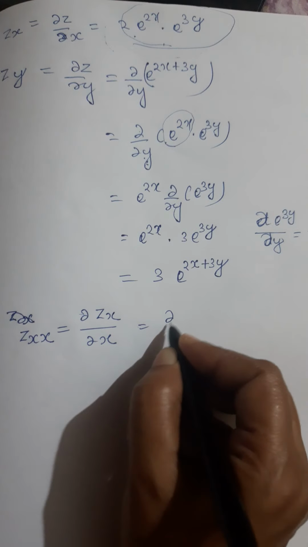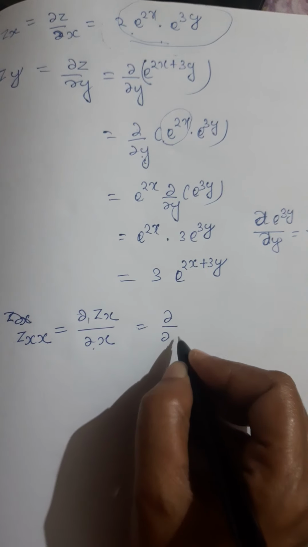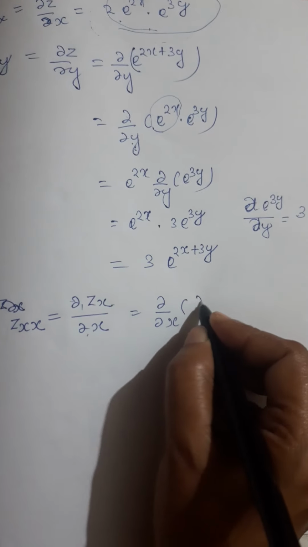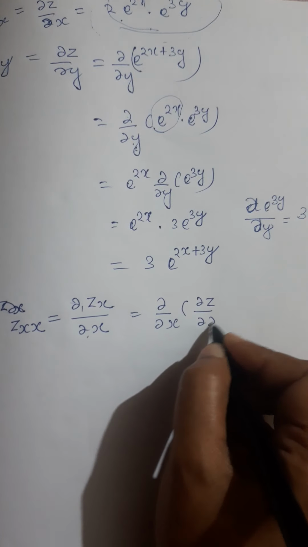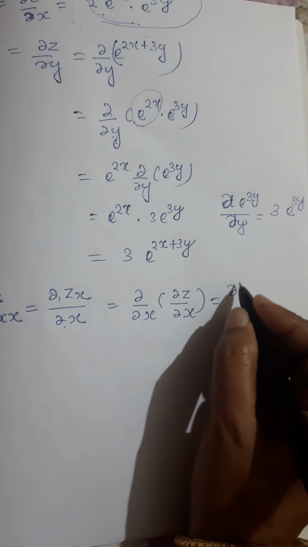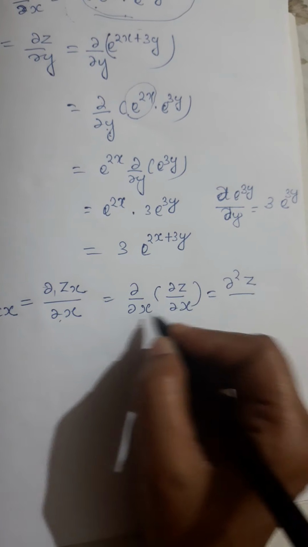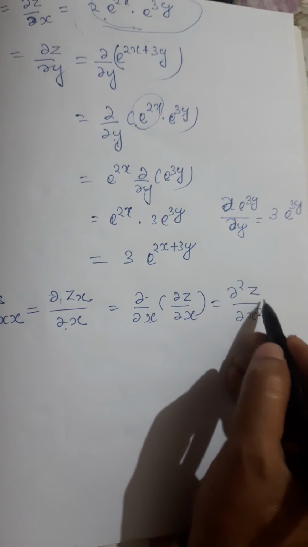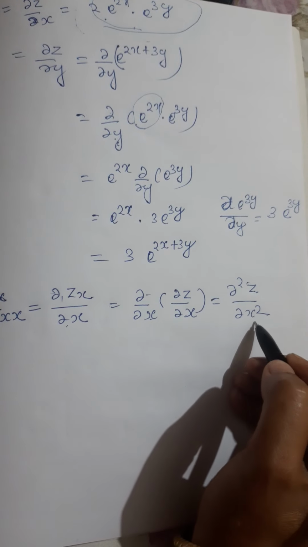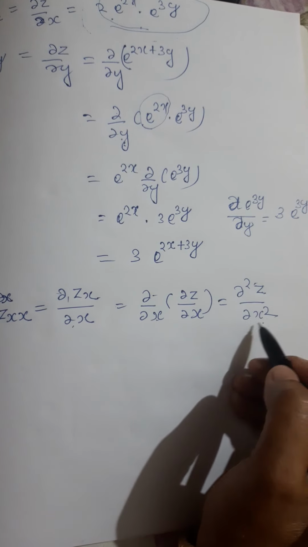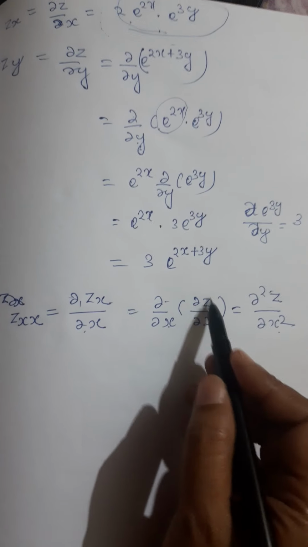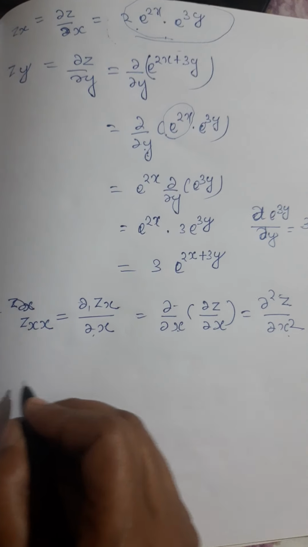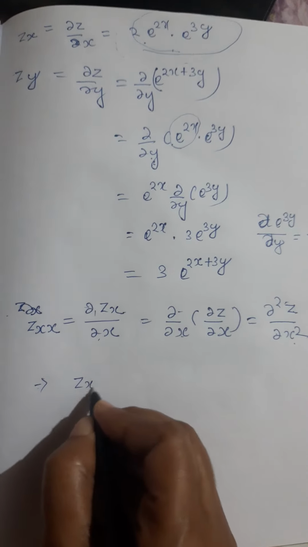That is del by del x of zx, where zx is del z by del x, which is del square z by del x square. This is the second order derivative of z with respect to x. So how will we find this? Just by differentiating del z by del x, we can find zxx.